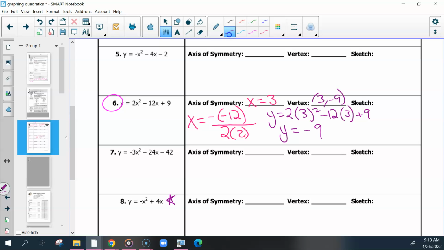Because this is a quadratic, negative 9 is a lot, so something like that. We'll make more accurate graphs in a little bit. Right now, as long as you know where the vertex is and if it faces up or down, that's good.